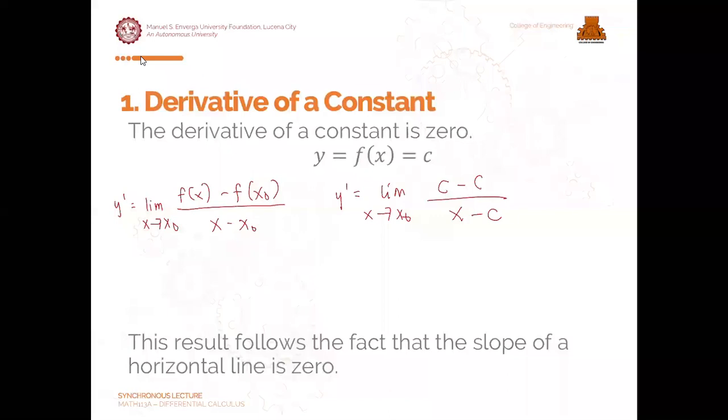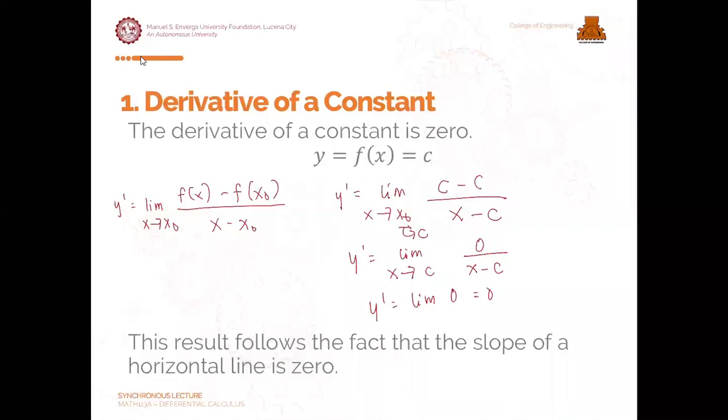And when we simplify, y prime is equal to the limit as x approaches c. Our x sub 0 is c. So it becomes 0 over x minus c. So y prime is equal to the limit of 0, or 0.